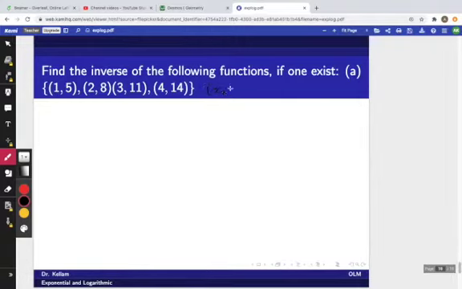So let's think about what the inverse function did. It takes my x and y, and it's going to map that on to y comma x.